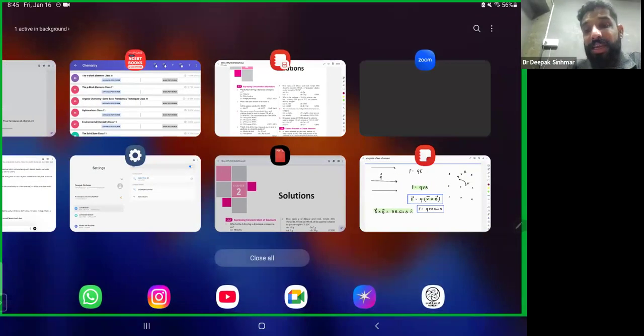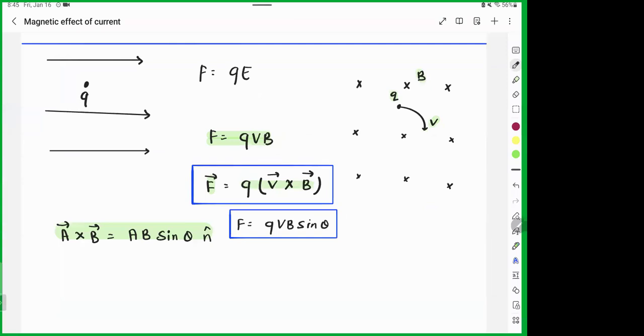Same thing is happening here. If you take an electron in this case, in this charged particle, see what the direction of current is. Example, I will take a road, it will be easy for you to understand.